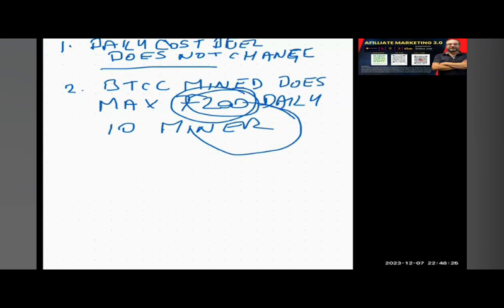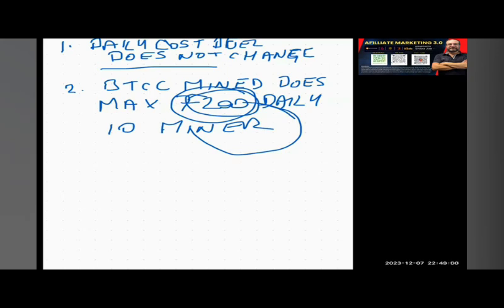All 10 of these, if they were of the equivalent value, would get 720 each. If all 10 people had a 1x miner, it would be distributed equally. But if you've got some people with a 1x, some with a 10x, some with a 100x, then it will be distributed according to the size of the miner. But the point is that it is only 7,200 a day distributed to the entire mining population.